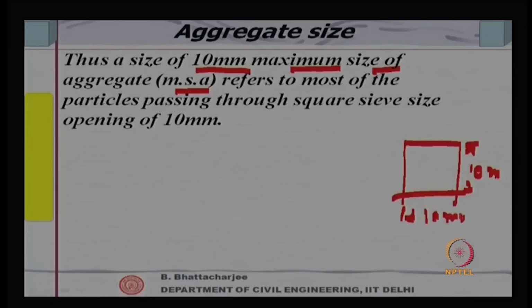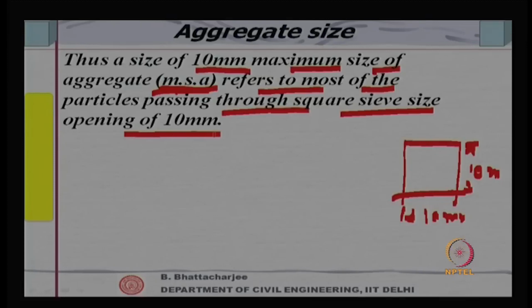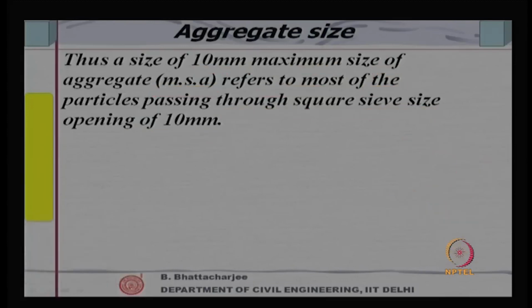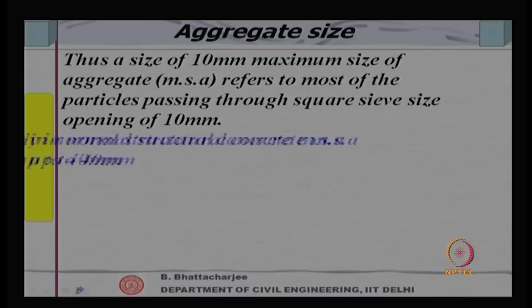So, when I say that nominal maximum size of aggregate is 10 millimeter, abbreviated as MSA, now onwards I will be talking of MSA and may not be stating maximum size of aggregate all the time. So, MSA equals 10 millimeter refers that most of the particles pass through square sieve size opening of 10 millimeter, a few small percentage might be retained, and this has come from practice. How much percentage can be retained comes from practice or is given in codes, as we understand.